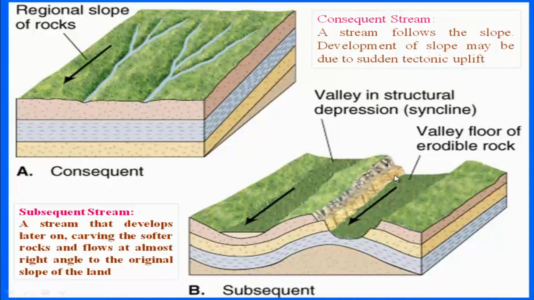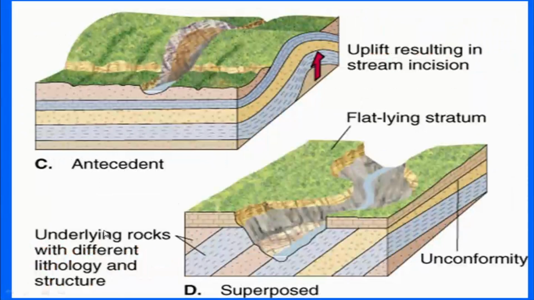Now, when we say almost right angle, they are flowing over the folded terrain. So, if you have folded beds which are eroded, the softer rocks are eroded away. So, either they follow the synclinal area or they erode the crest part of the fold. Then you can say that, okay, fine, these are all subsequent streams. They are not exactly following the slope, but they are against the slope.